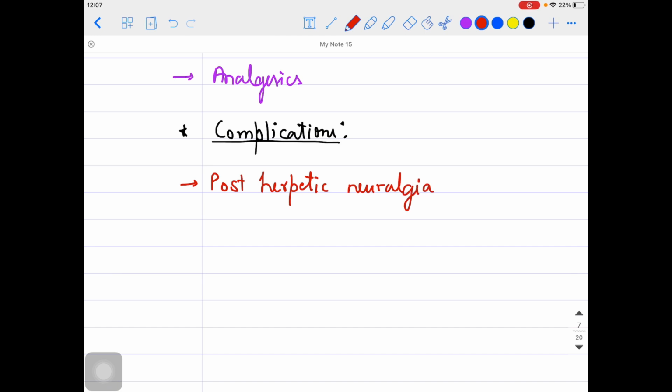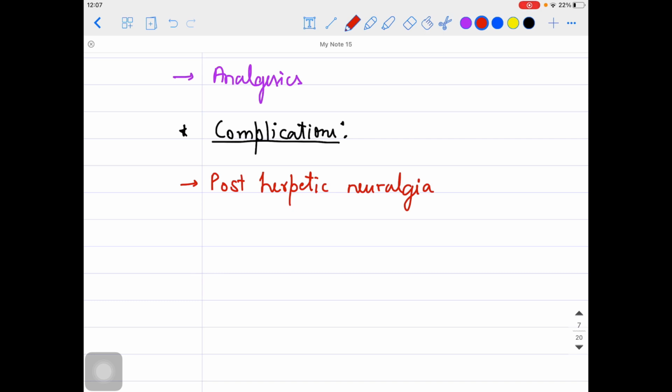What do I mean by that? For example, there was a unilateral skin lesion following a particular dermatome in the thoracic region. You gave acyclovir and all. After 2 or 3 weeks, these skin lesions have resolved, but the patient comes to you complaining that on touching the surface where the lesions were, they have burning sensation and itchiness in the region where the lesions were previously present.